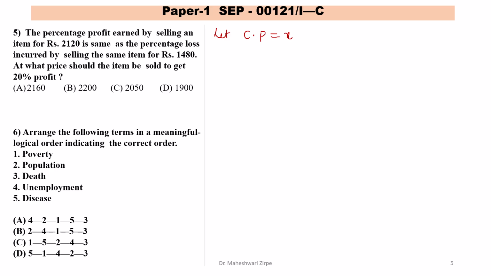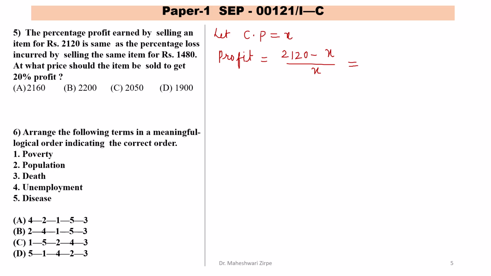Now what they are saying, profit should be (2120 minus X) upon X, because it is on the cost price. So the profit will be selling price minus cost price upon cost price, which should be equal to the percentage loss.